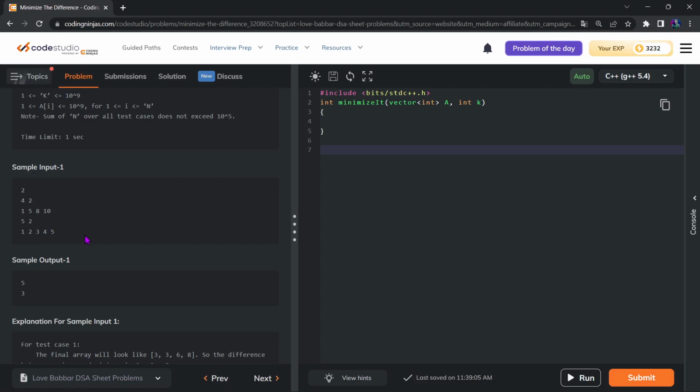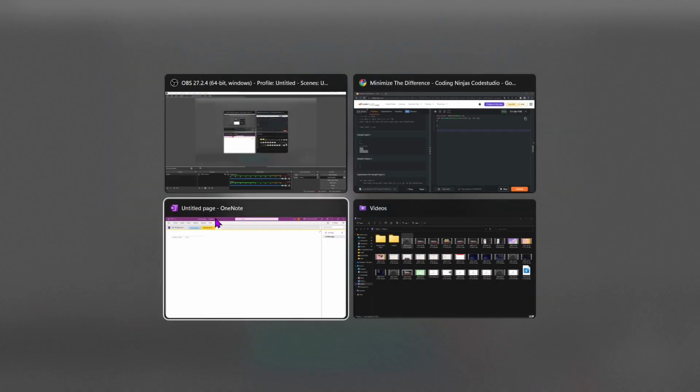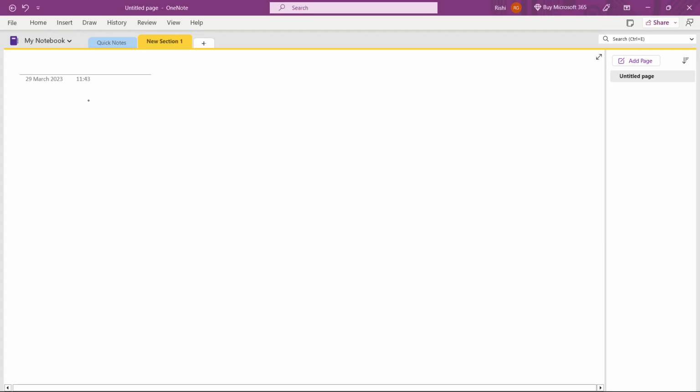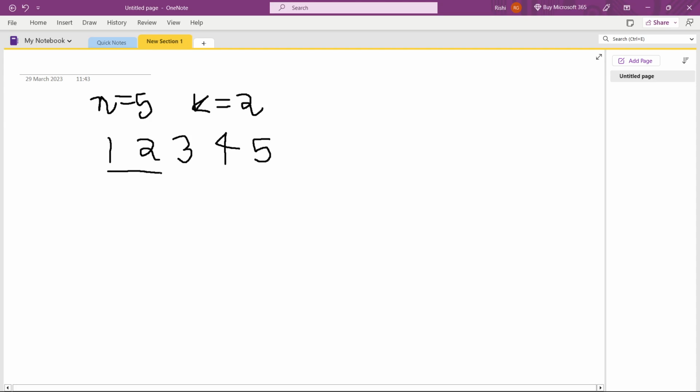Okay, so let's understand the test case much better. What we are given is n equal to 5 and k equal to 2, and we are given an array 1 2 3 4 and 5. So we can see here that it is a sorted array.